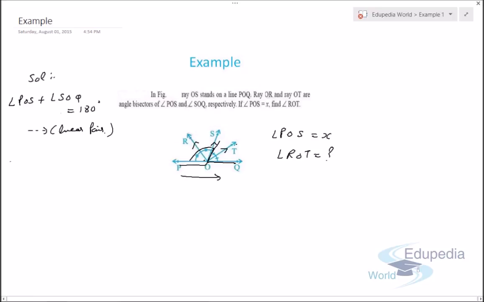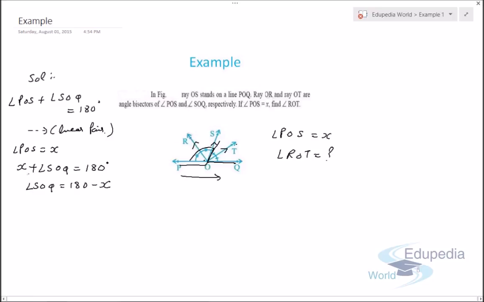It's given angle POS is x. So we can write x plus angle SOQ equals 180 degrees. So this means angle SOQ will become 180 minus x.